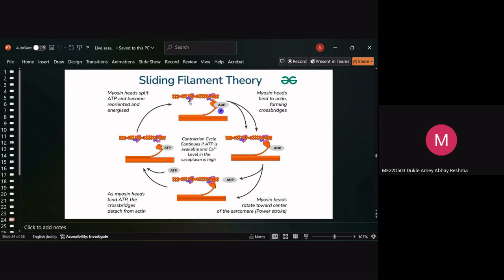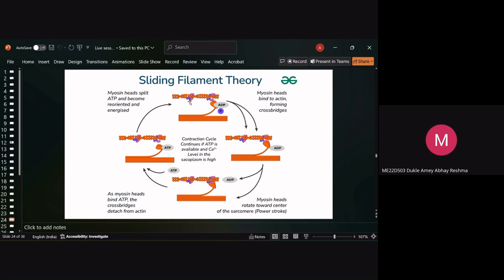Once the ATP becomes energized, the myosin head binds and forms a cross bridge.